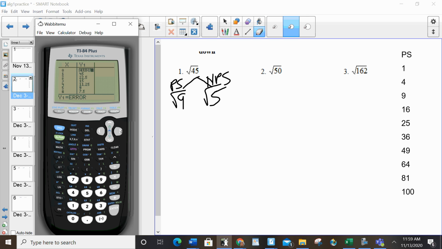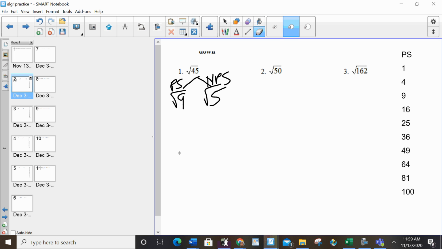Now, I'm going to look in y1, and I'm going to find the largest number that's on my perfect square list. 45 is not on my list, 22.5 isn't, 15 isn't, 11.25 isn't, 9 is. 9 and 5 are my numbers, and the perfect square, the number from the list, always goes first, and that's why I wrote PS and NPS. PS for perfect square, and NPS for non-perfect square.